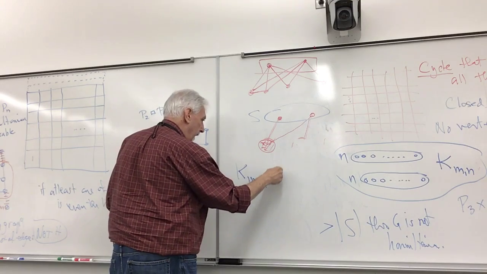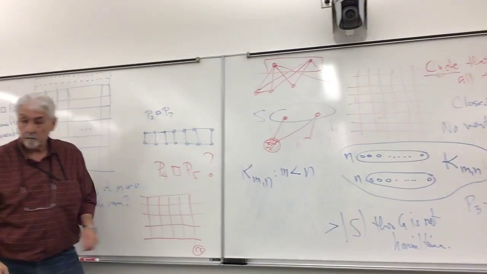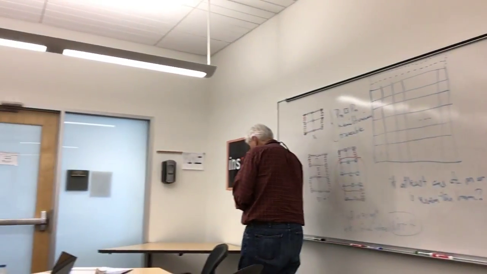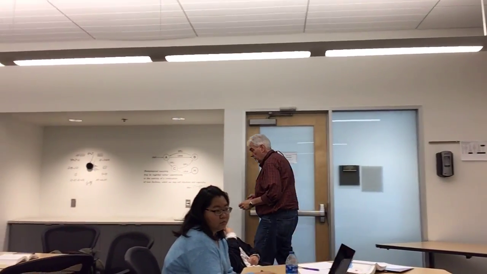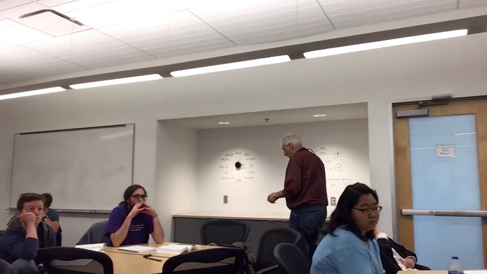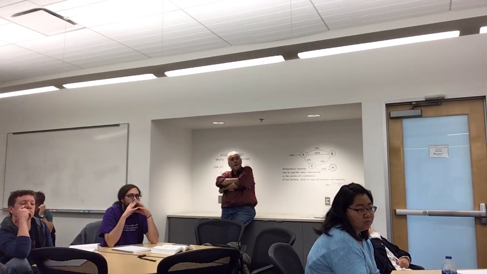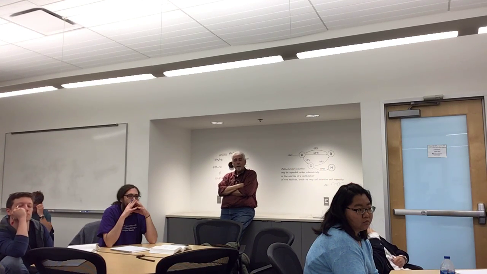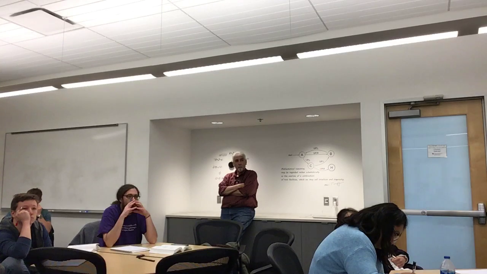K_{m,n}, where m, let's say, is strictly less than n. The question is, can that be Hamiltonian? Okay, so let's see.